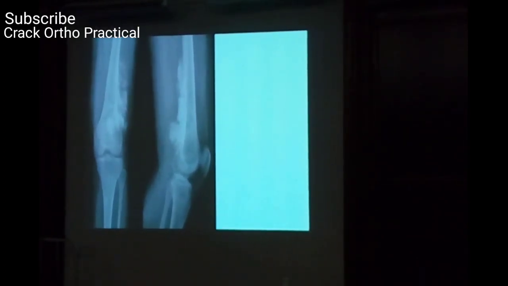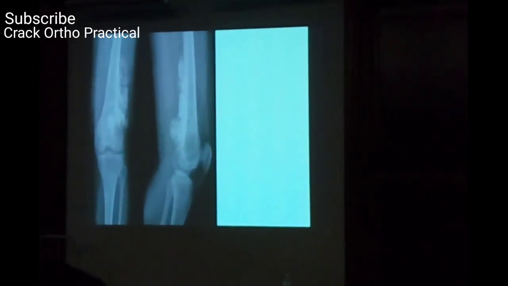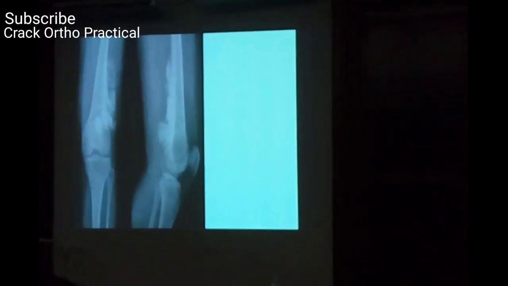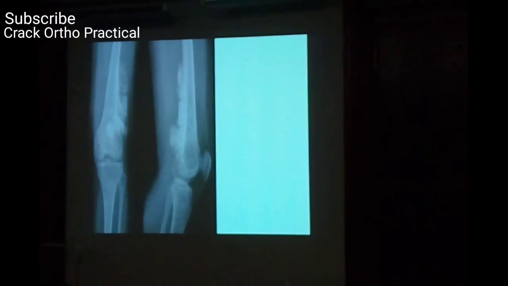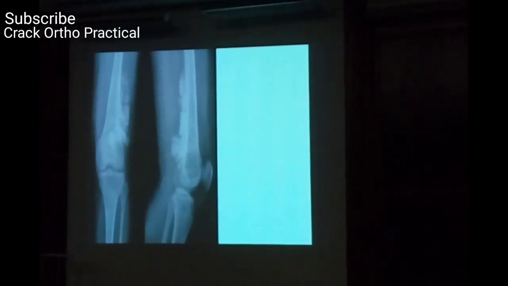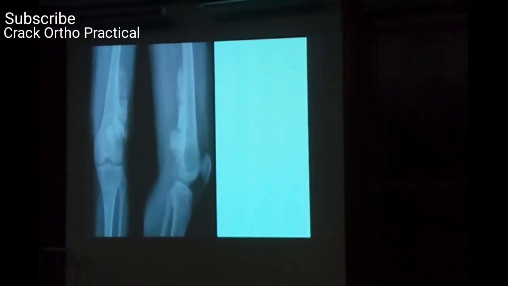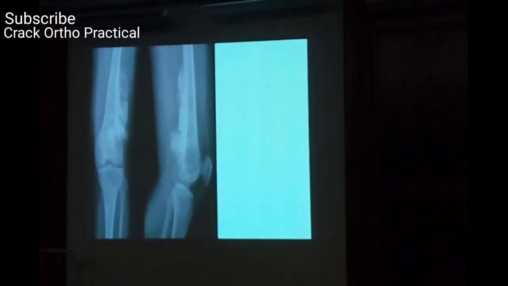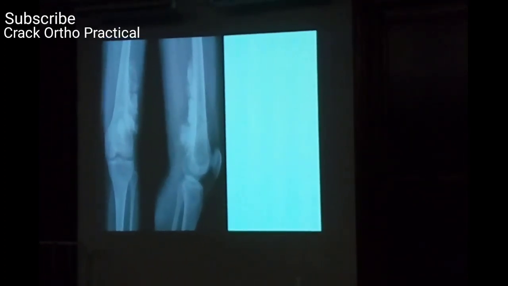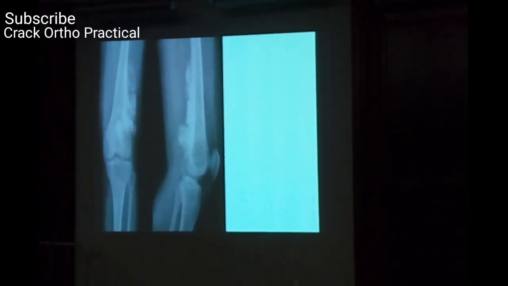But the way you present, I think you can give one more try. AP and lateral view of knee showing distal femur and proximal tibia, with posterolateral growth, osteoblastic, irregular, ill-defined margin, periosteal reaction, sunburst appearance, malignant in nature, probably osteosarcoma, probably parosteal.